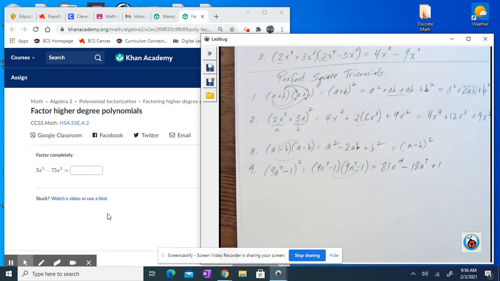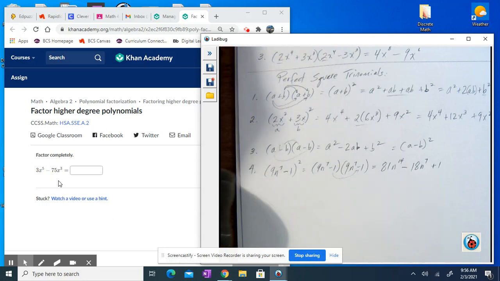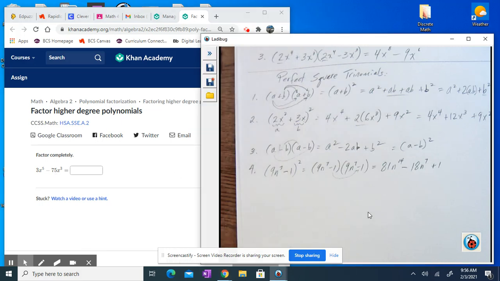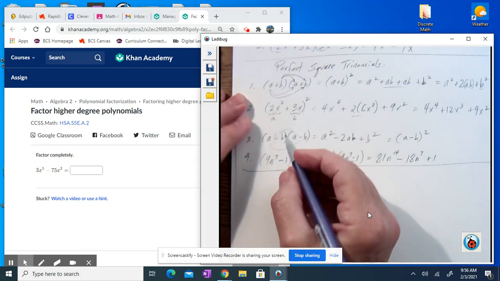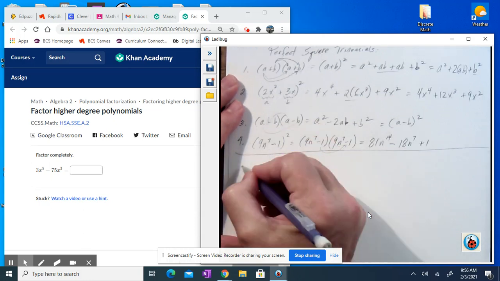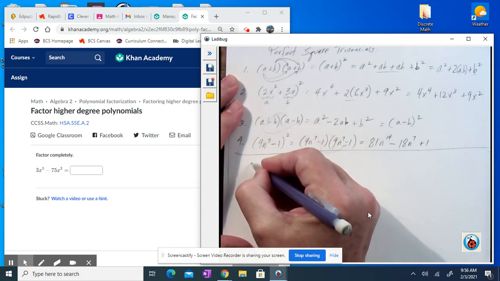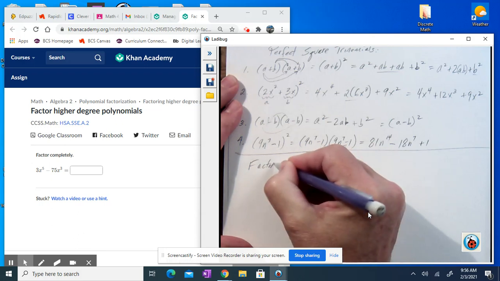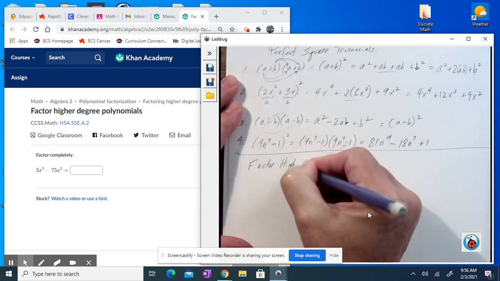All right. Higher degree meaning, I guess, you've got this degree is degree 5. Let me write this out. This is factor higher degree.